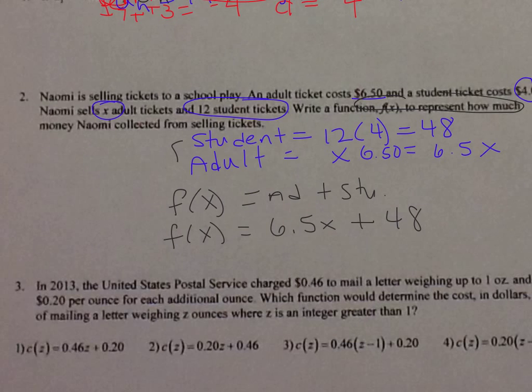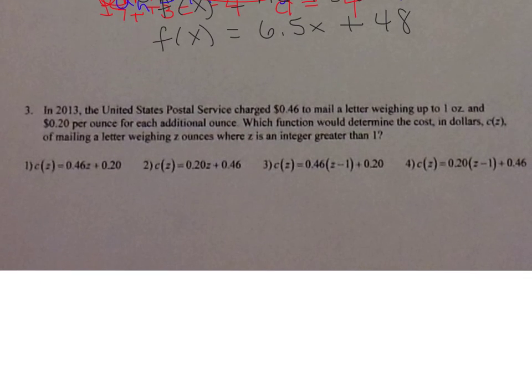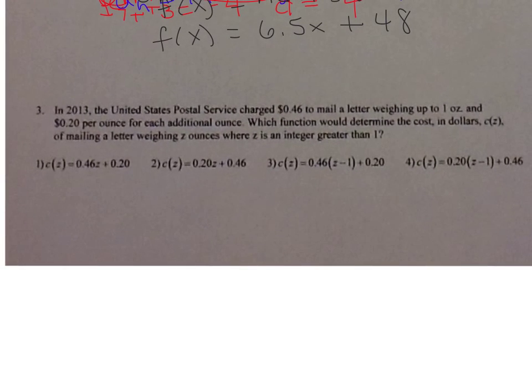All right, and the last one down here. Okay, this is actually from a Regents, from an algebra Regents. In 2013, the United States Postal Service charged 46 cents to mail a letter weighing up to 1 ounce and 20 cents per ounce for each additional ounce.